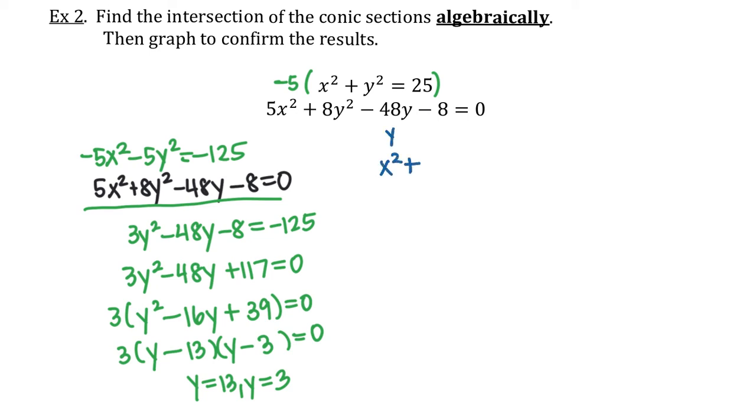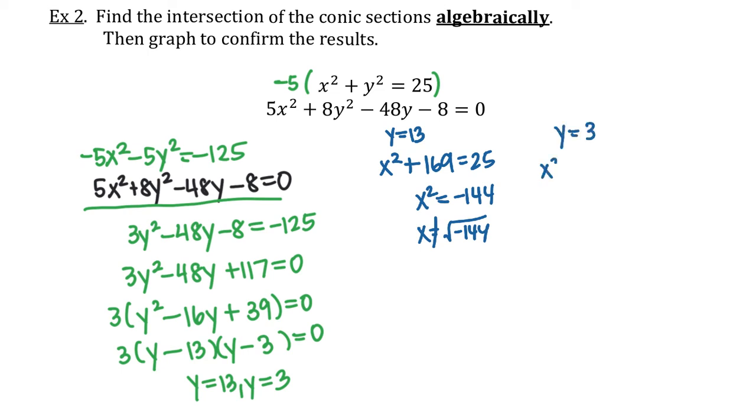Let's see which one. If I plug in y equals 13. Okay, I'm about to get an imaginary number, huh? Okay, so the y equals 13 is actually not a valid y value, even though I did all my work correctly.